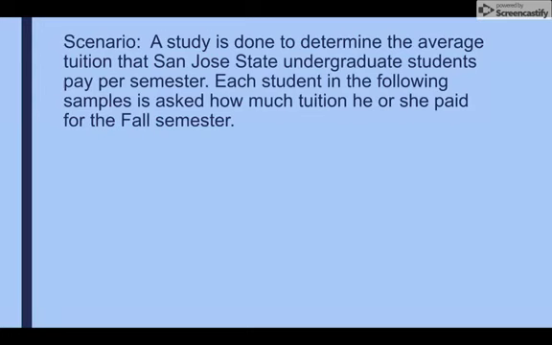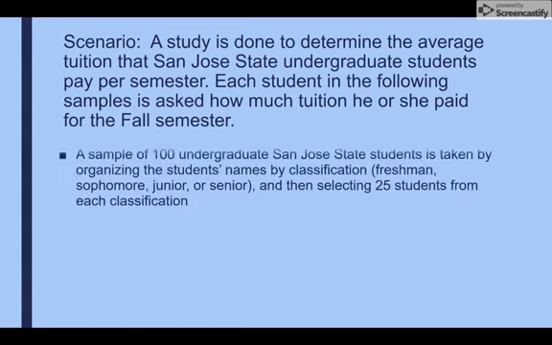Let's take a look at some examples. Scenario number 1 says, a study is done to determine the average tuition that San Jose State undergraduate students pay per semester. Each student in the following samples is asked how much tuition he or she paid for the fall semester.